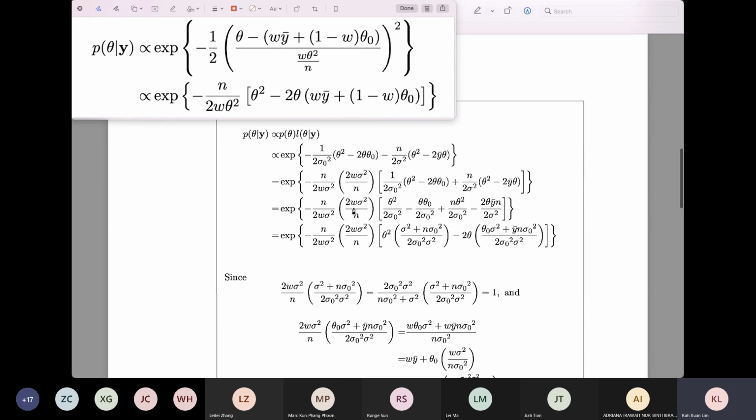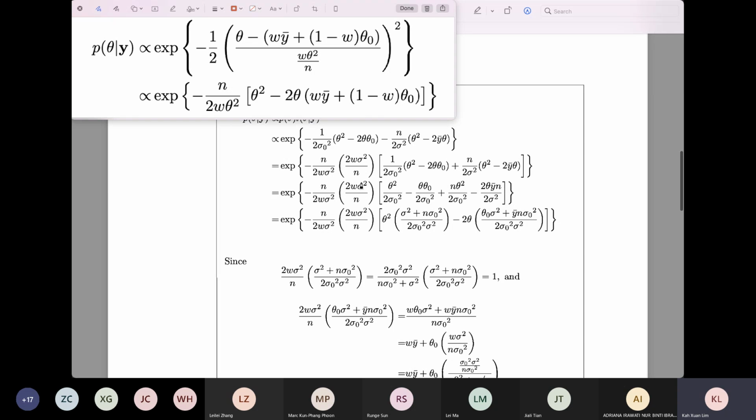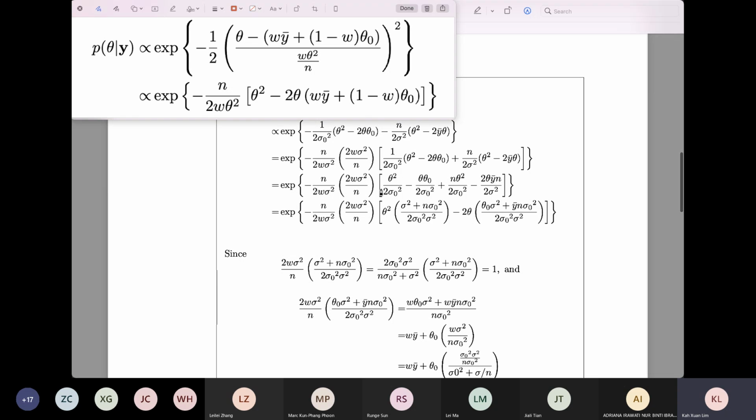What we need to do is reorganize the terms here, and I think we can factor out this negative over 2W sigma square. Then we group the terms in the square bracket to have one group with the factor theta square and another one with minus 2 theta.